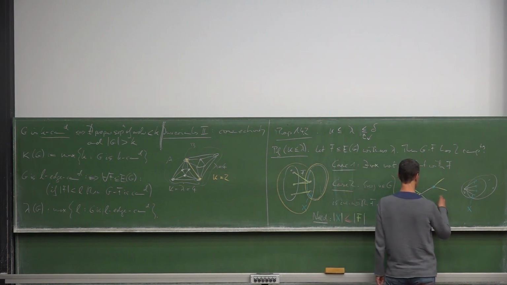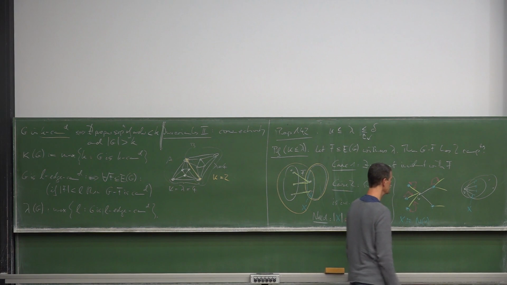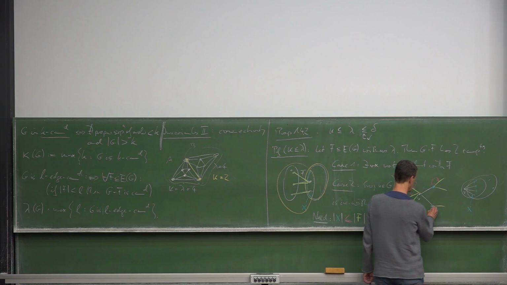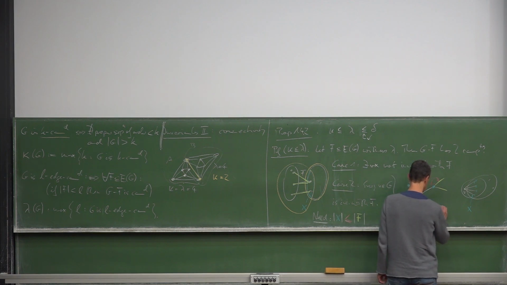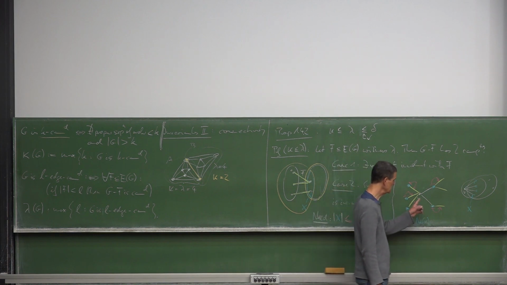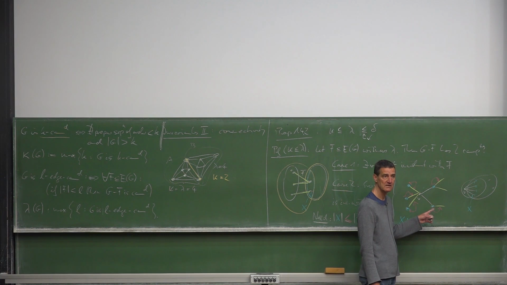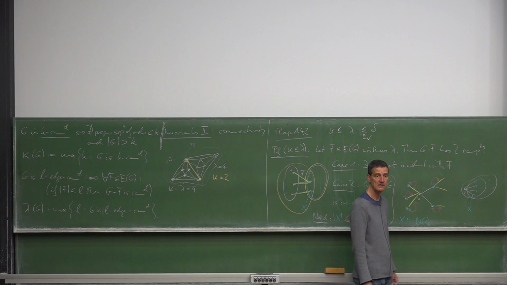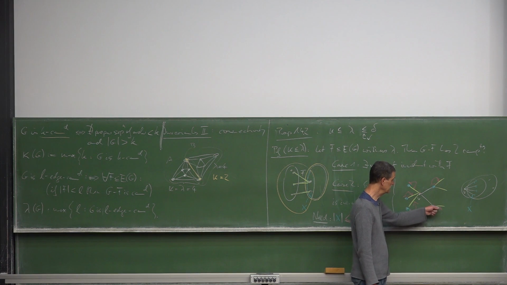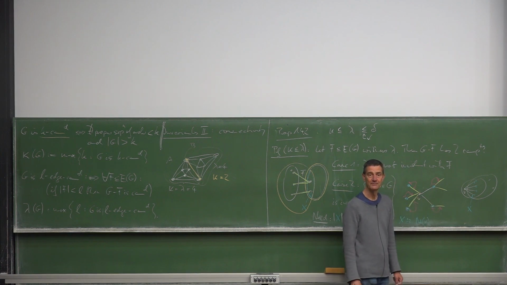Well, they're also incident with edges in F. So we can just pick one of them and map them there. Right. Now, is that injective? Could this edge be one of those? No, because then this edge would go to V, but by assumption it doesn't.